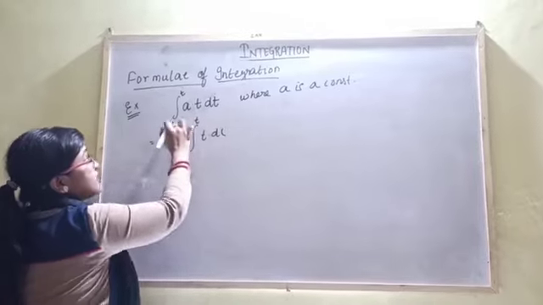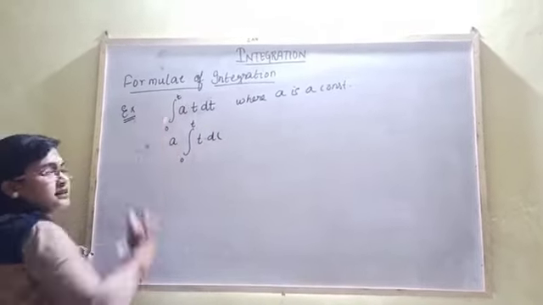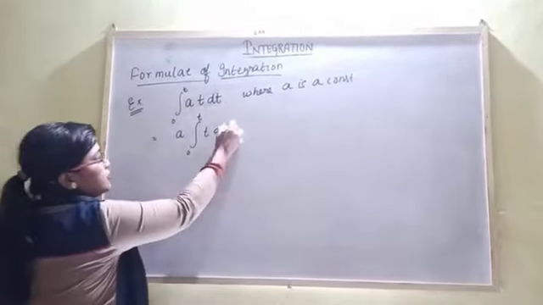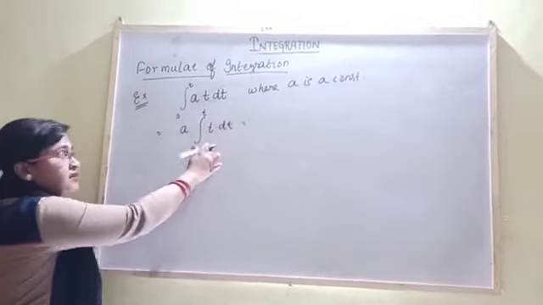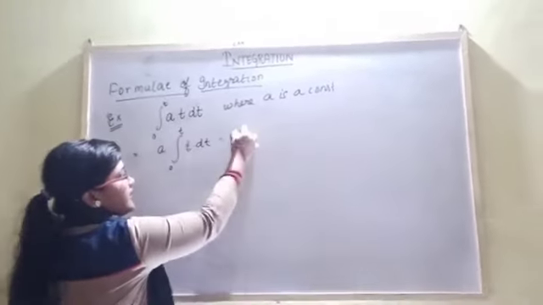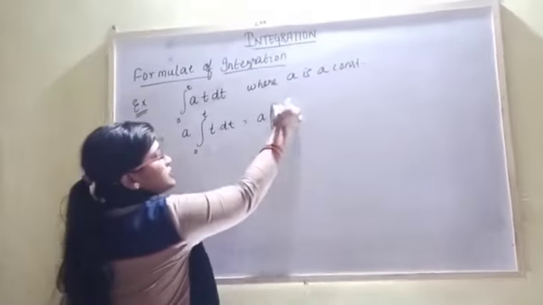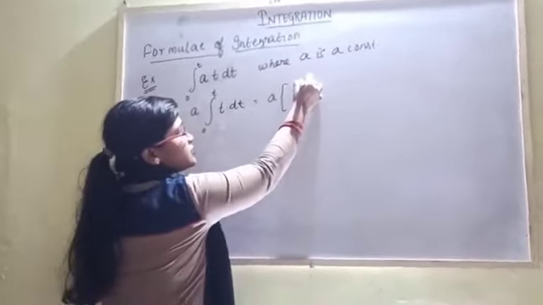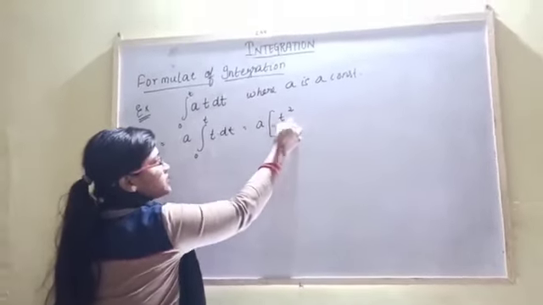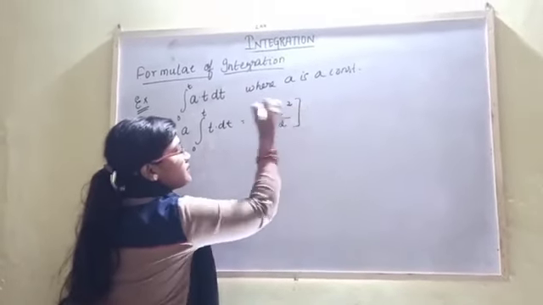Here 0 is the lower limit, t is the upper limit. You know the integration of t dt: t's power here is 1, so t to the power 1 plus 1 is 2, divided by 1 plus 1 which is 2. Clear?